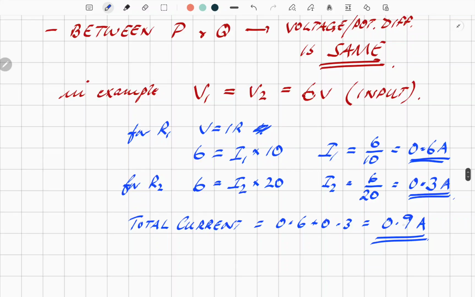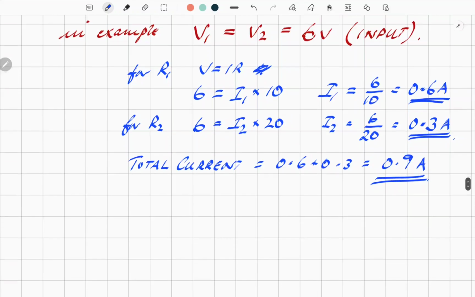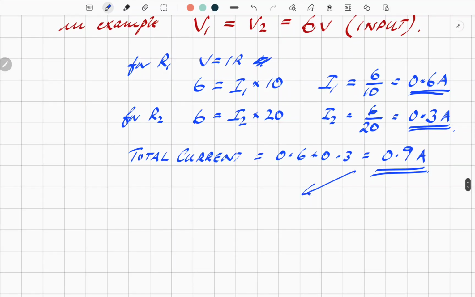Look, with the same resistors as we had before in the series, arranging them in a parallel fashion actually gives us a higher current. So, a larger current than in series with the same two resistors.